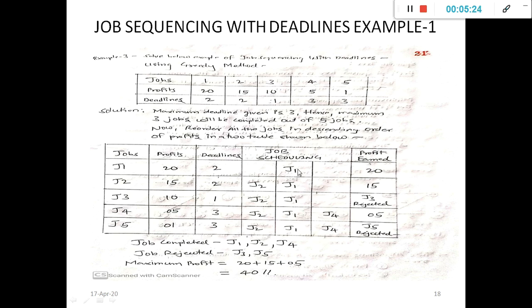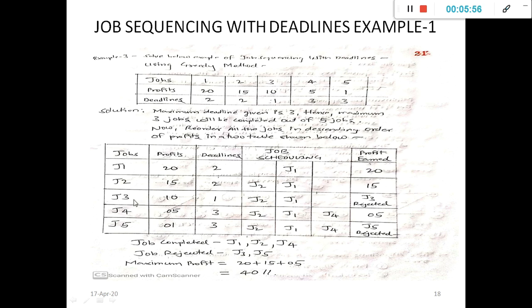When you complete its execution, you will get the profit of 20. Then next consider job J2. Its deadline is 2. Slot 2 is already allocated, but slot 1 is available. Then put job J2 into slot 1, and when you complete the execution of job J2, you will earn a profit of 15.